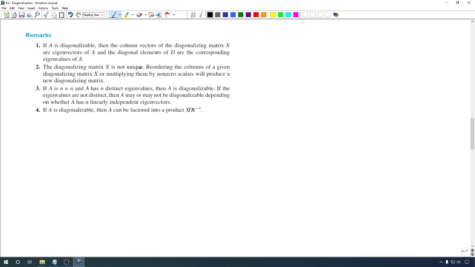Number 2 is saying that if we reorder the x's, so if we reorder the columns of the matrix X, all we're really doing is changing our numbering system for the eigenvalues and eigenvectors. It doesn't really change too much about the process. And so what exactly X is, is not very unique. In fact, we could even pick different eigenvectors corresponding to the eigenvalues that we know of and get a new matrix that has different columns than the X we were working with.